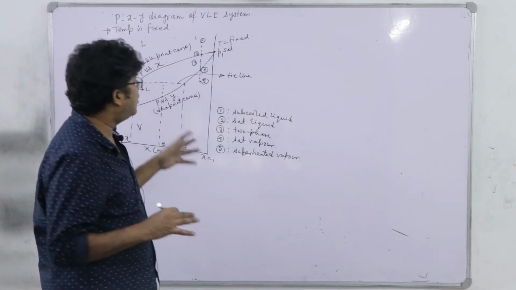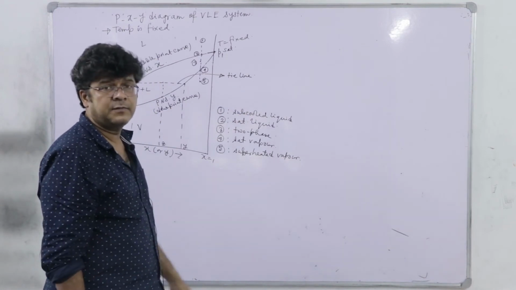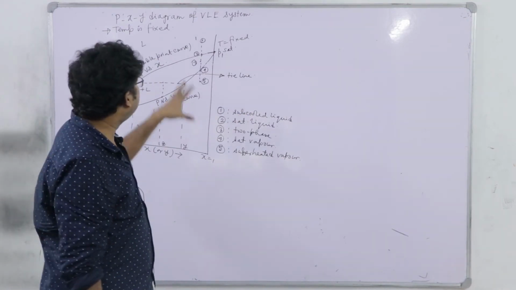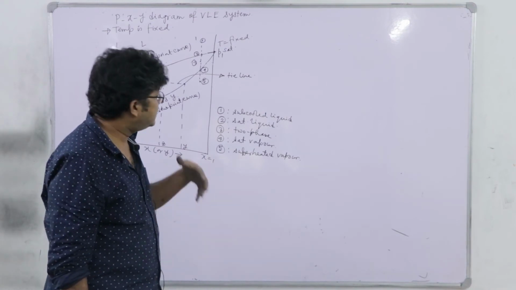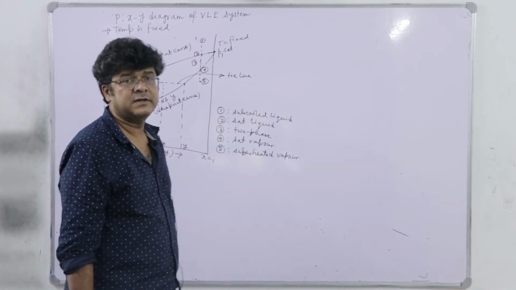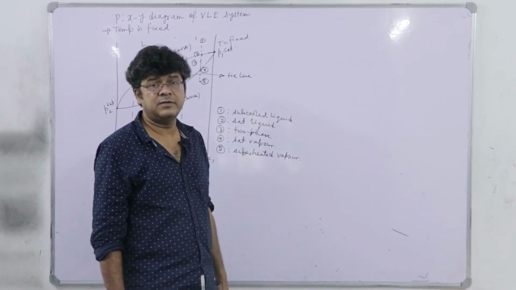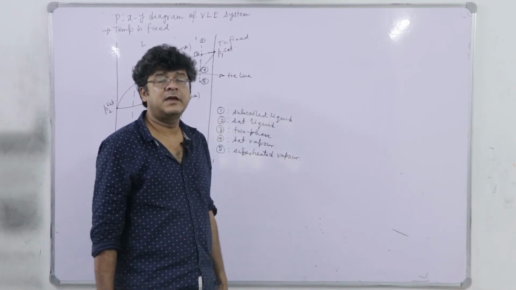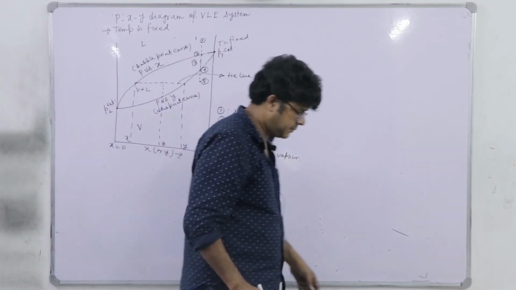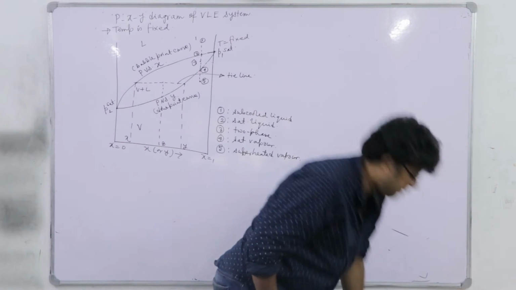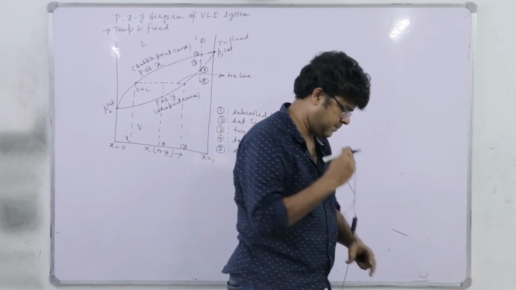But why I am saying more fundamental from the perspective of qualitative analysis, from here we can understand the positive deviation and negative deviation. We will try to understand the positive deviation and negative deviation from Raoult's law, considering this PXY diagram.